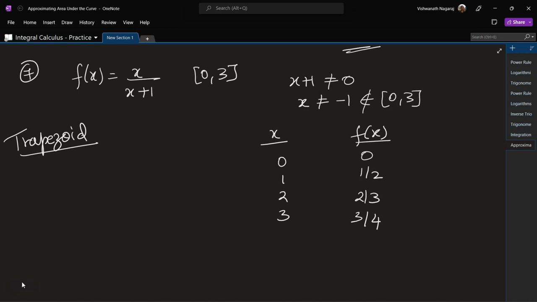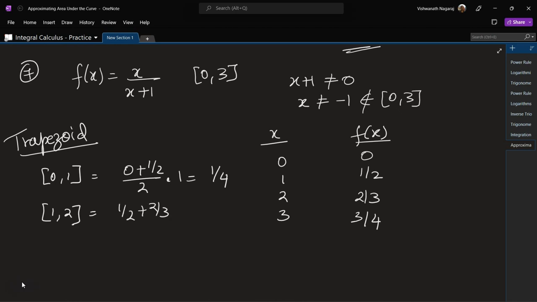Okay, so 0 to 1, what would be the area? Area would be 0 plus half by 2 times the distance between the two parallel lines, which is 1. So this will give us 1 by 4. 1 to 2 will give us 1 by 2 plus 2 by 3 by 2 times 1, which gives us 5 by 12.